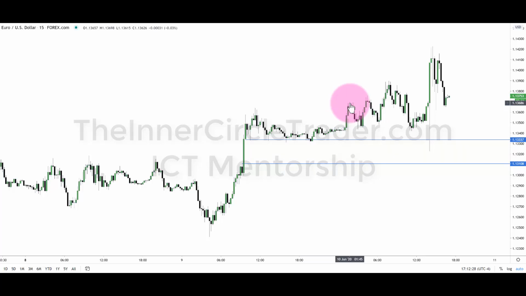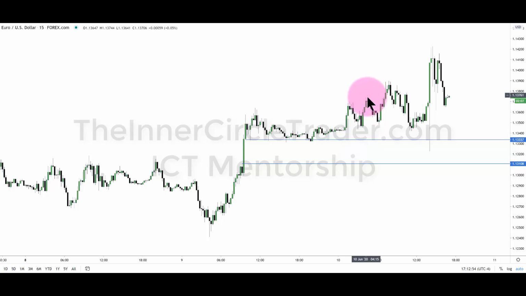Again, I'm not talking about UBS. I'm not talking about Citi. Those guys are just as well as you are looking at charts, trying to figure out what's going on. They're trading on things that you're not learning. You're learning things that actually drive the market higher and lower here. Same premise here. When the market comes back down, more accumulation, they offset that with the liquidity that would be above this old high.